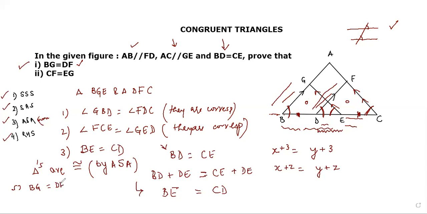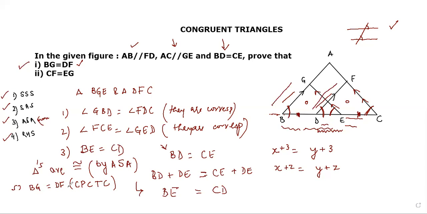And the most important line which you are going to write here is CPCTC. What is the meaning of CPCTC? Congruent parts of the congruent triangles are also congruent. Remember this. You should write this in full.